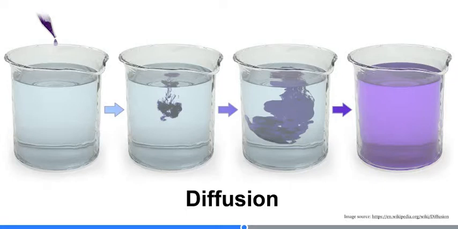Especially for charged particles like ions, by controlling the openings, the pores of those channels, it's possible to set up concentrations inside or outside the cell that are different. And by opening those channels, it's possible to allow diffusion to drive a passive change in that concentration.